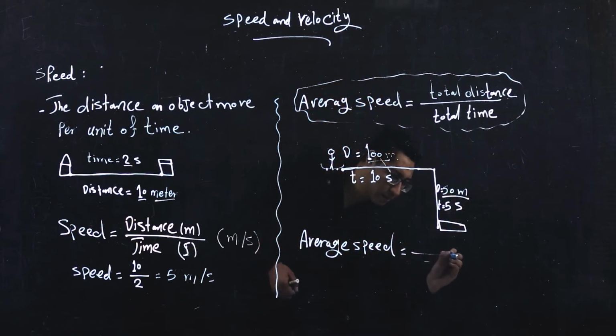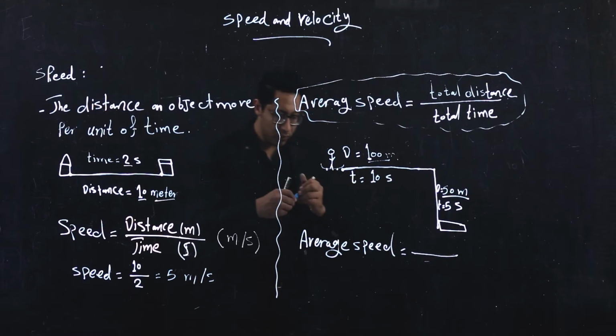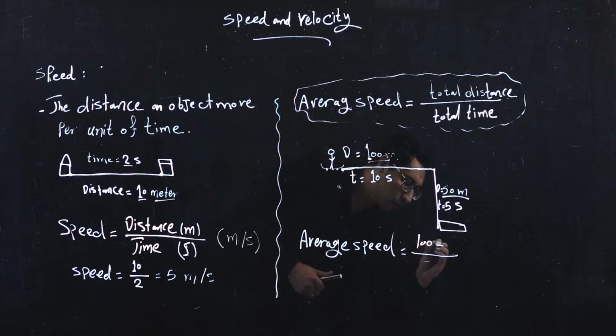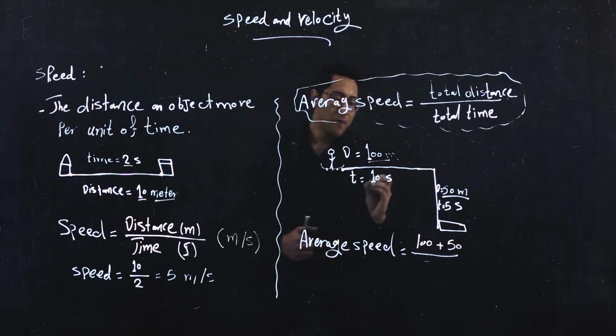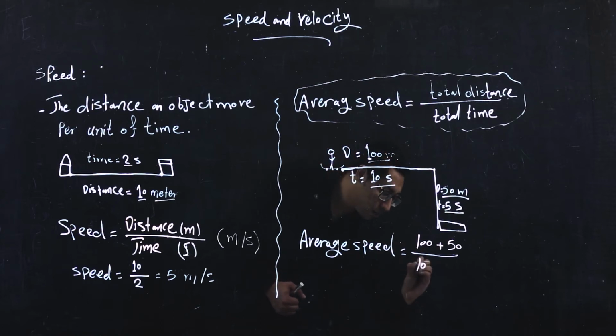So the total distance equals what? 100 plus 50. Okay, so divided by total time. First you take 10 seconds, then you take 5 seconds, so divided by 10 plus 5.